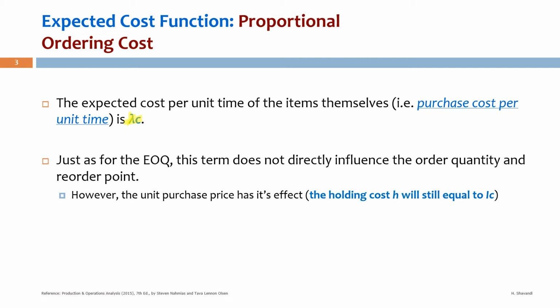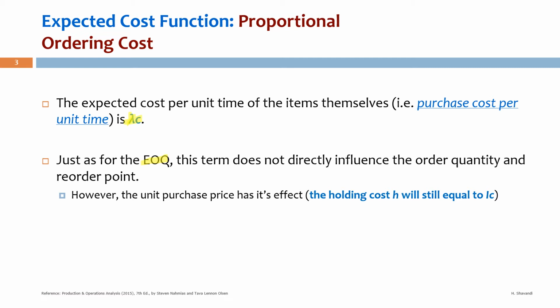But same as the EOQ model, this term has no impact on our optimization, so we can ignore this term in our objective function, because we are going to take the first derivative of the cost function in terms of Q and R, and there is no Q or R in this term. So this term will have no impact on optimization.